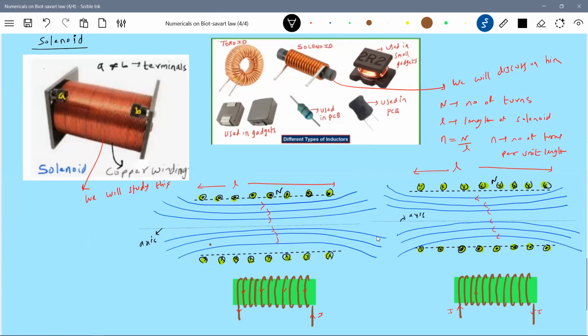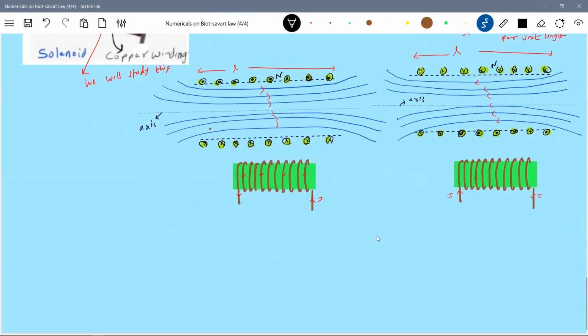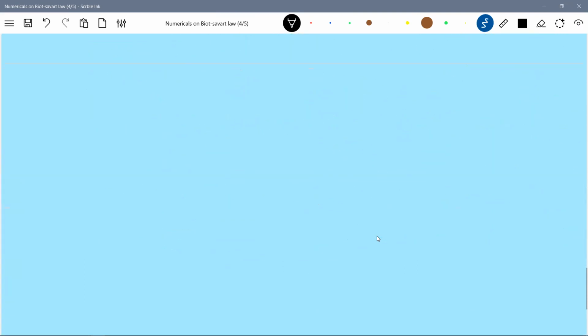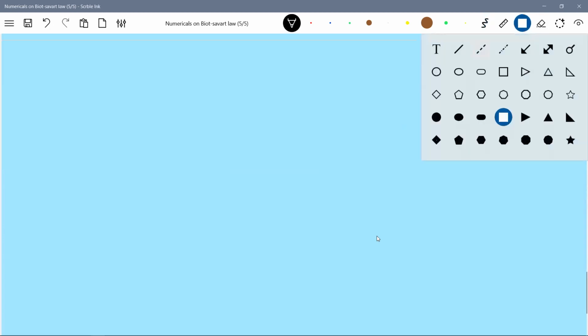Now we have to find out the magnetic field strength on the axis of the solenoid. Okay, I think make an observation. I will go for the derivation part. We have to derive the magnetic field due to the solenoid. Let me assume, it's a very good application part of the problem.